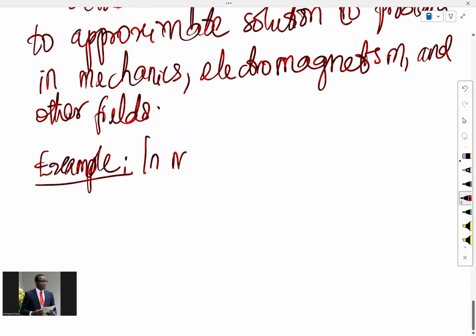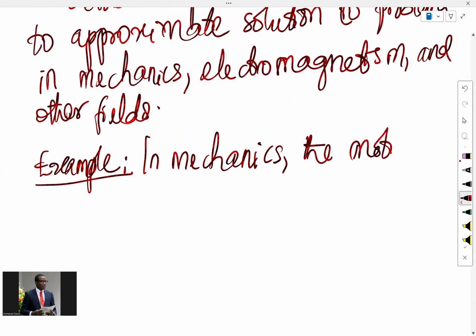In mechanics, the motion of a pendulum is a common thing.